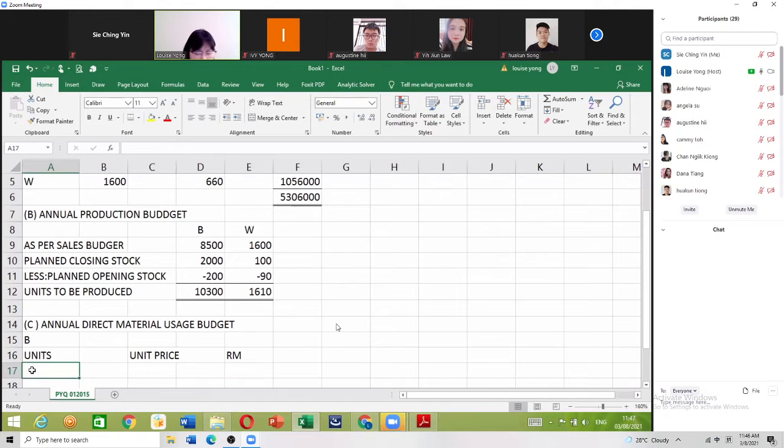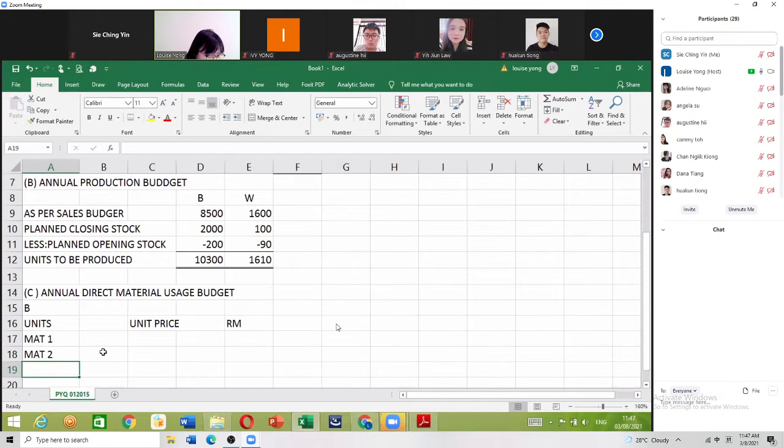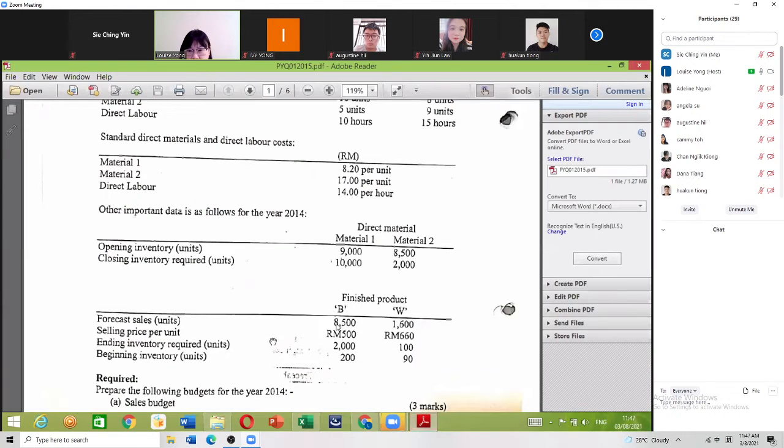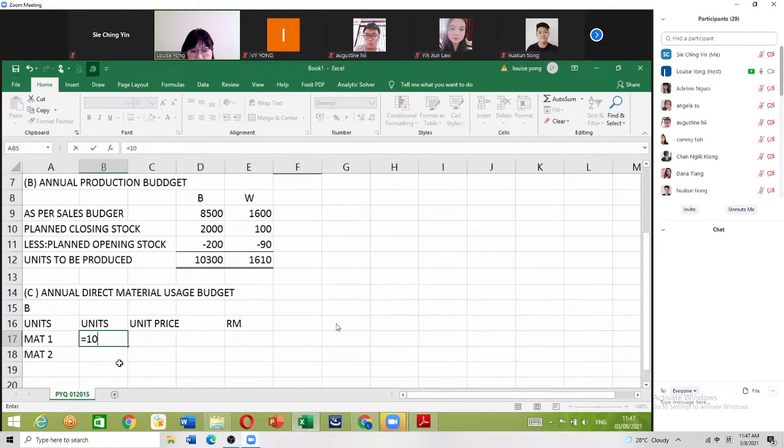You have two materials, material 1 and material 2. How many units of material 1 are needed? Look back here: material 1 needs 10 units. So 10 units multiplied by the units to be produced, 10,300.